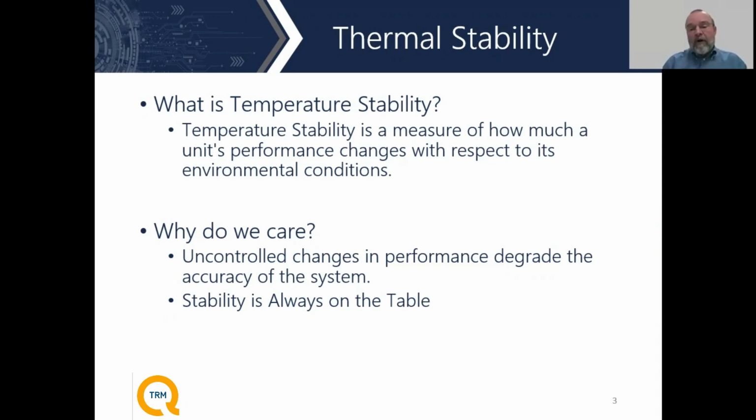There are some rare cases where you get a controlled environment, but it's rare. And really, for every system performance, thermal stability is always on the table. It's something that we always work to design towards because we don't want things to change from a performance standpoint due to the environments that are being inflicted on it. So understanding what it is and how to control it is absolutely critical.